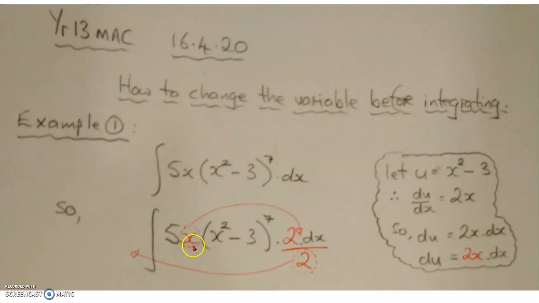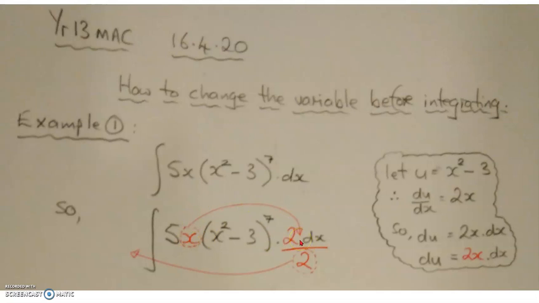And that's what I've done here. I have taken this x here, and I've moved it down to there. Now, you can do that because all these things are being multiplied. The 5's multiplying the x, which is multiplying the brackets, and so on. So you can just move the x anywhere you like.